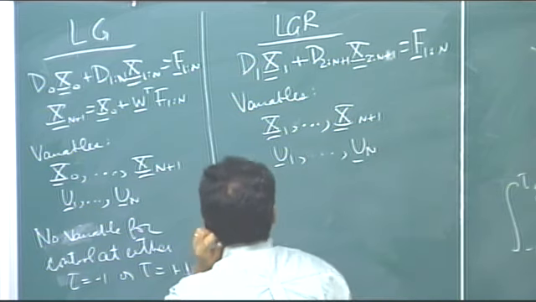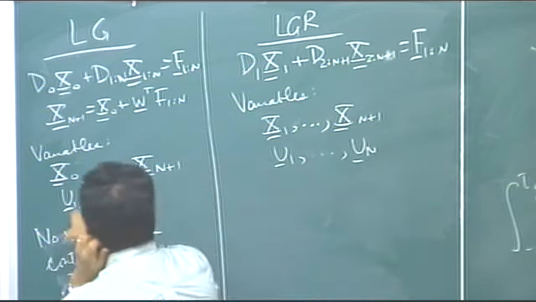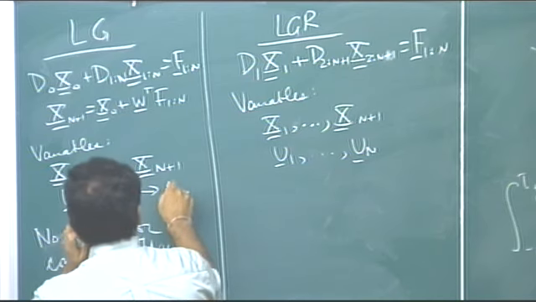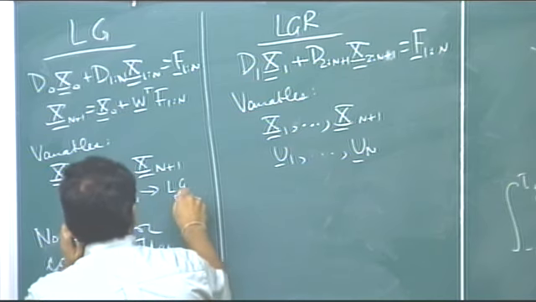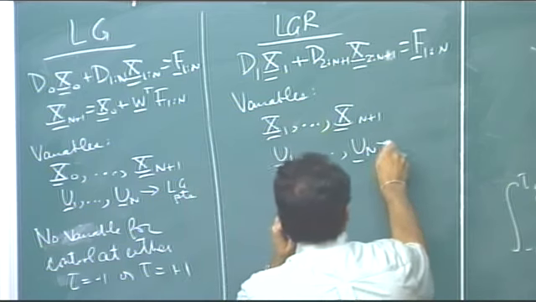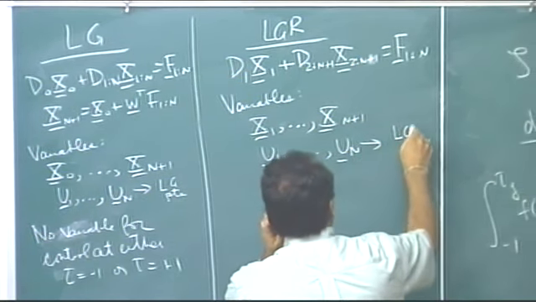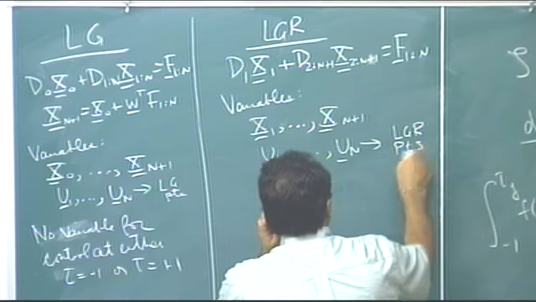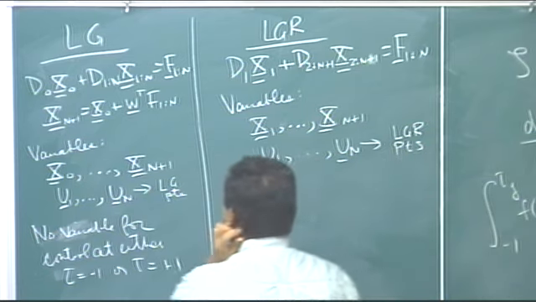Now don't be deceived by this though, right? u1 through un in this formulation are the LGR points. So the LGR points include -1.